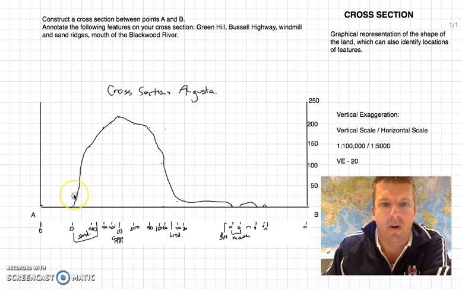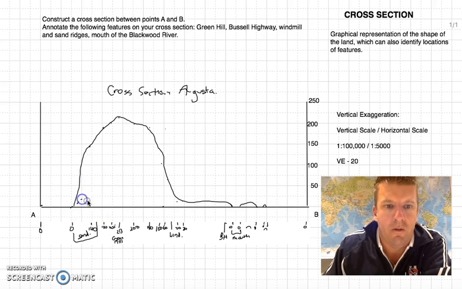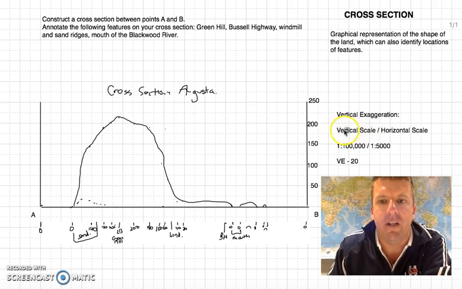So you might look at this and go, gee, that's really exaggerated, and that's exactly what we've done. We've exaggerated it. If we use the actual scale, we would end up with something that maybe looked like this, and we wouldn't get a full idea of what the shape of the land is, and that's what we call vertical exaggeration. So our vertical exaggeration is the vertical scale divided by the horizontal scale.